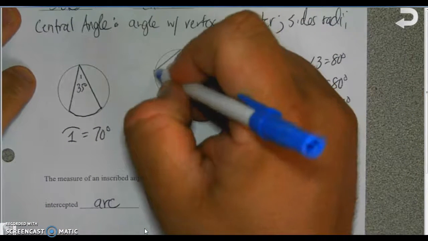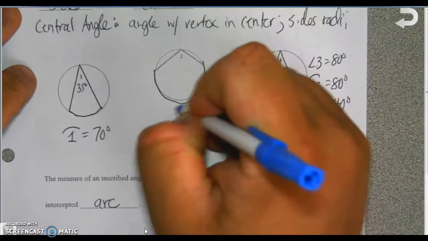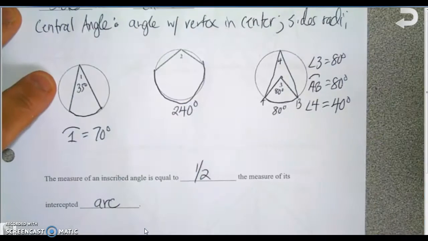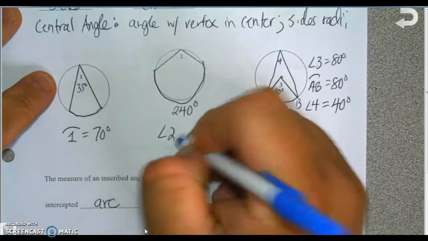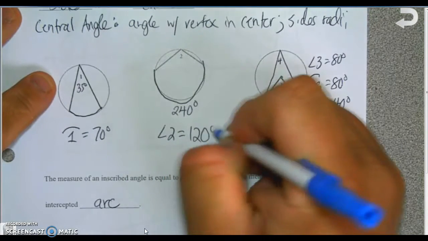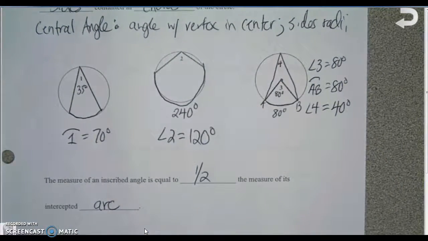If I tell you that arc 2 is 240 degrees, then you would tell me that angle 2 is 120 degrees. So we're focusing on the interplay between an inscribed angle and the arc that it intercepts.